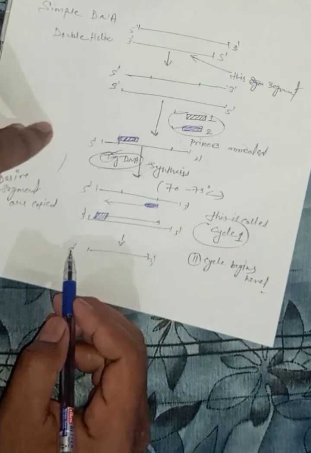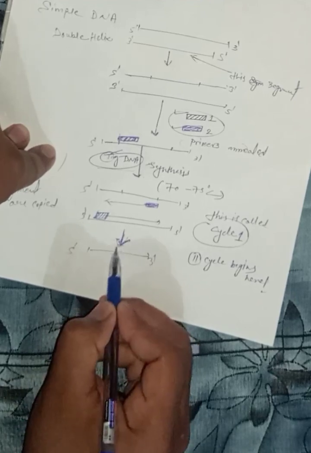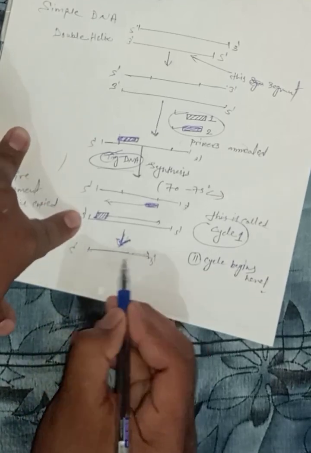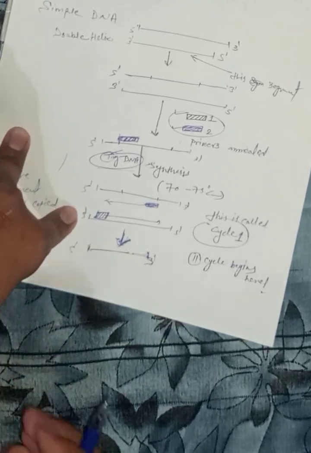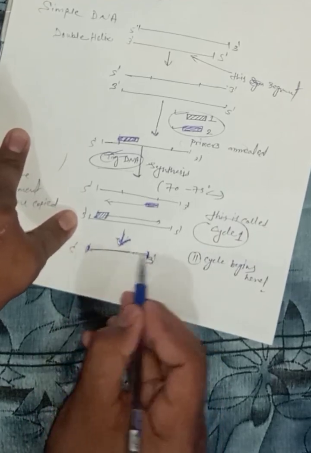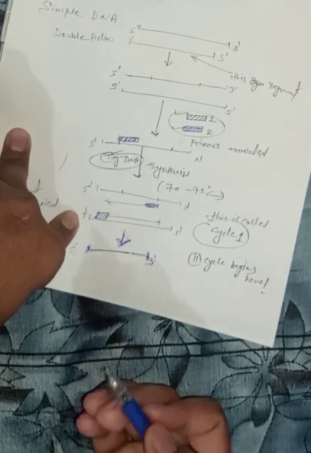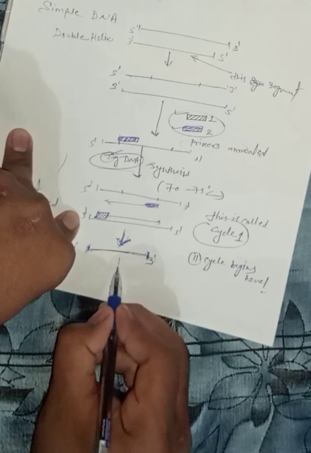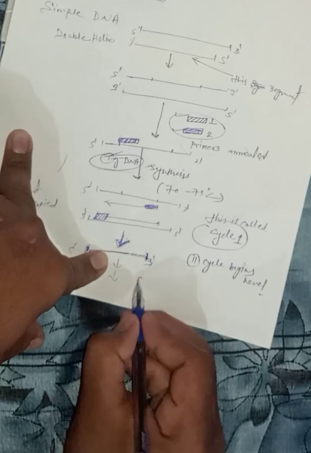This is the first cycle, and after it the process is repeated again. This process can be continued.